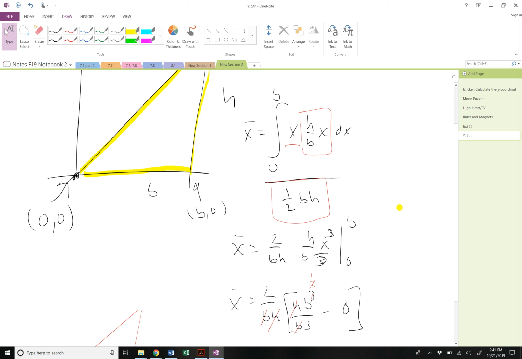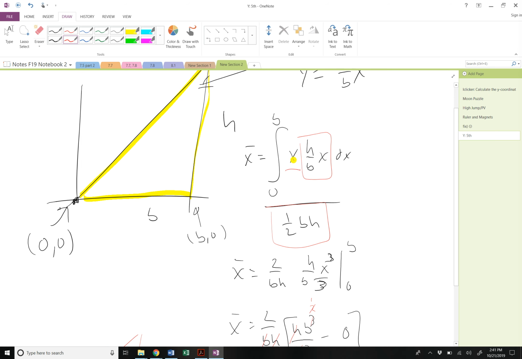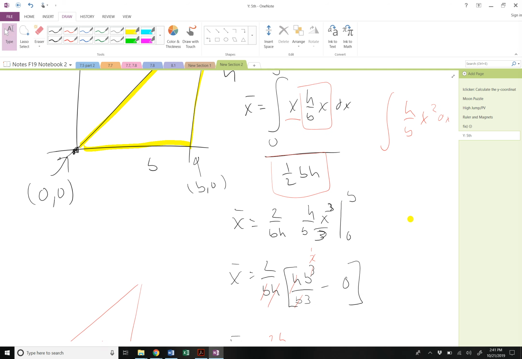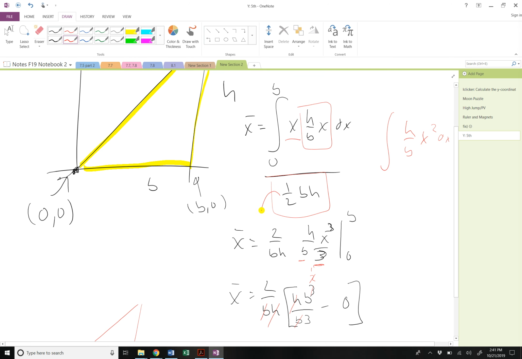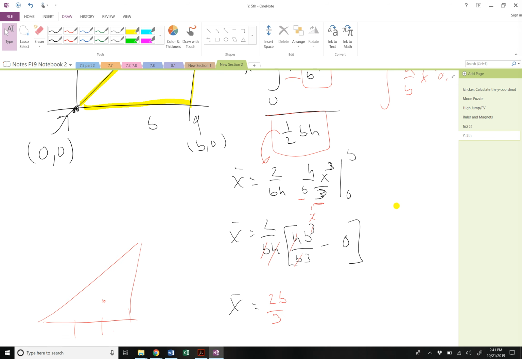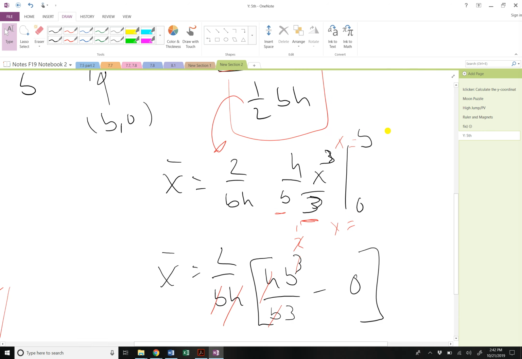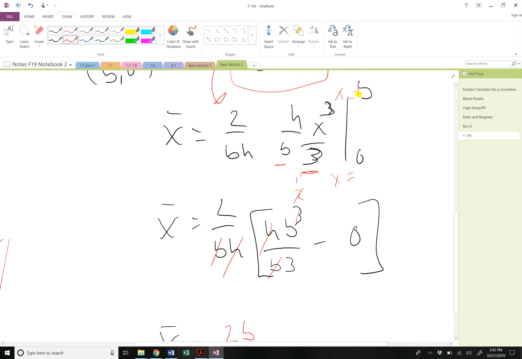The antiderivative here, because you get h over b x squared, you're going to get an x cubed over 3. That's right here, multiplied by h over b, which is my coefficient that I brought out front. And I'm going from x equals 0 to x equals b, so everywhere there's an x, I'm evaluating with b.